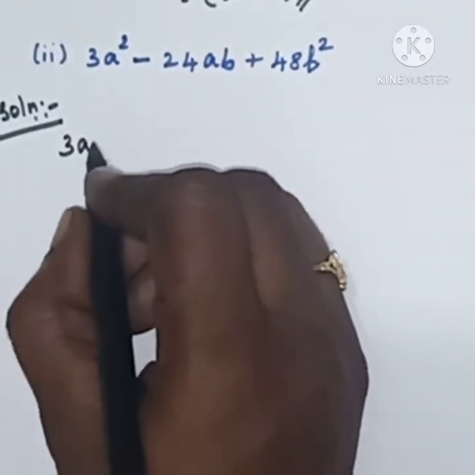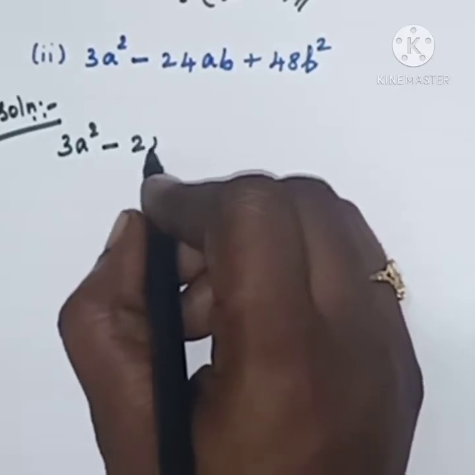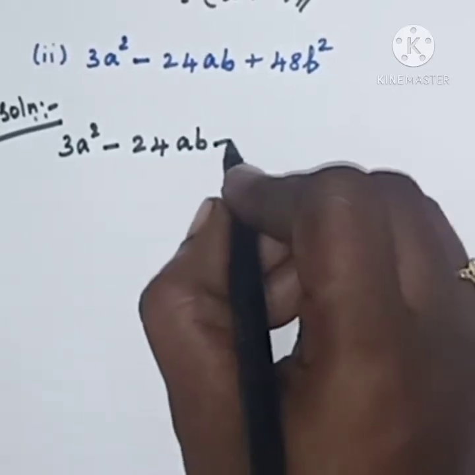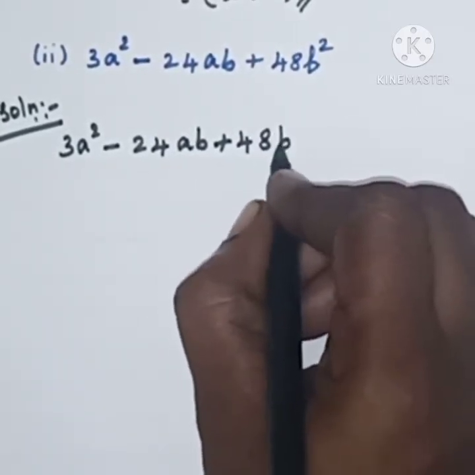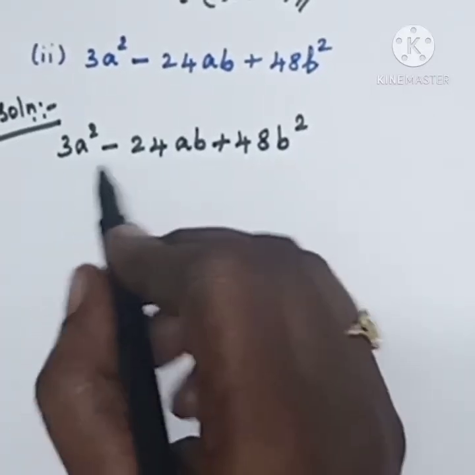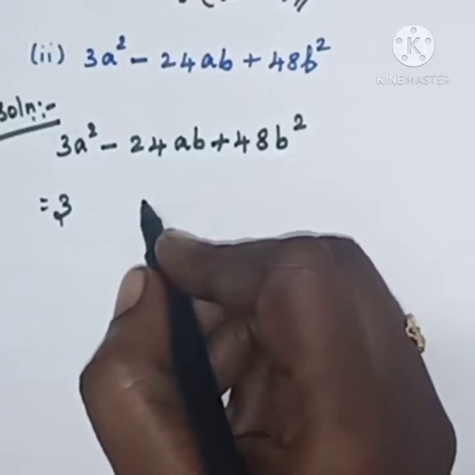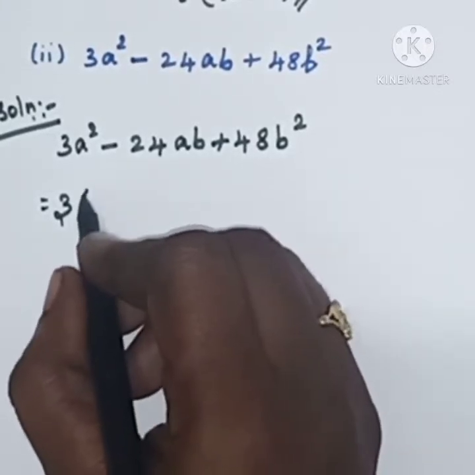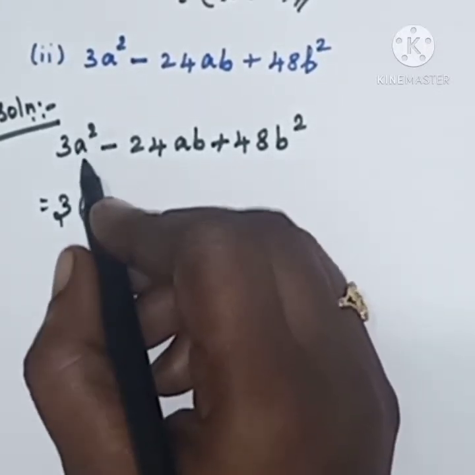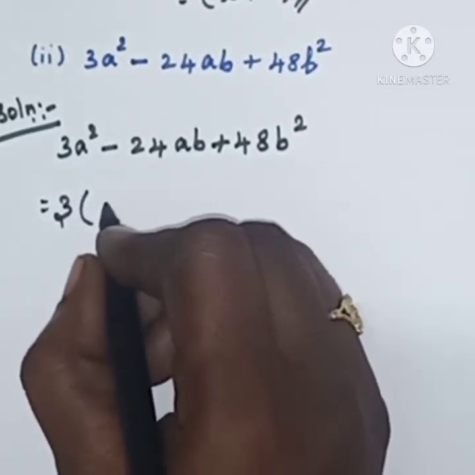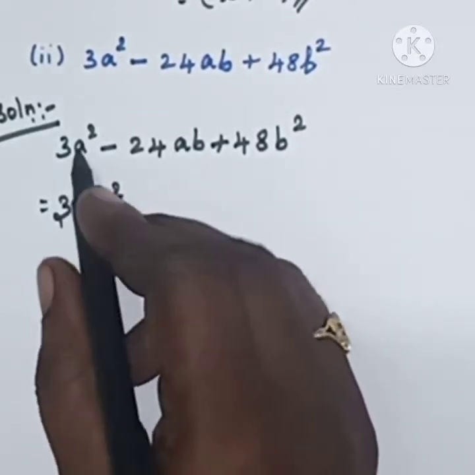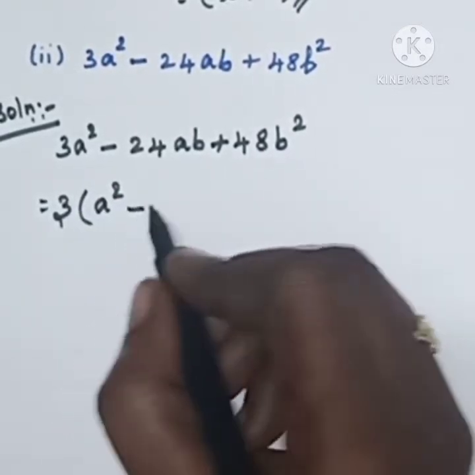The expression is 3a square minus 24ab plus 48b square. From these three terms, the common factor is 3, so take 3 outside. The remaining variable in the first term is a square: 3 into a square, 3a square.